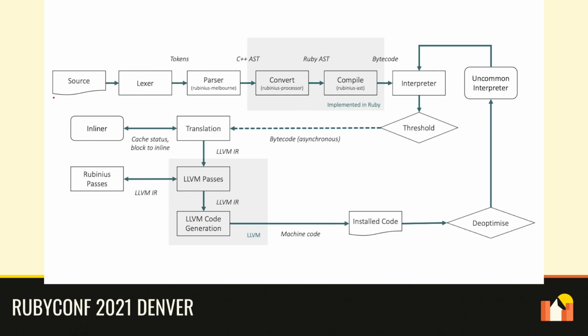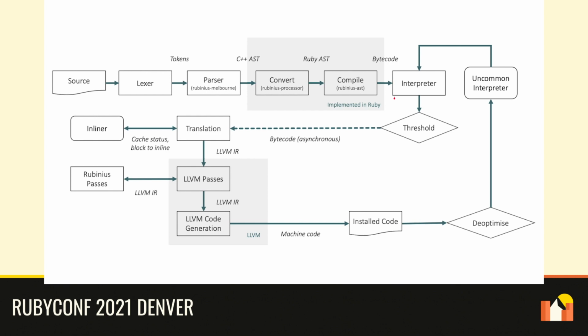So in Rubinius, you have your Ruby source code. That's lexed in the same way, which produces a stream of tokens. That's then parsed, and this uses a sub-project of Rubinius called Rubinius Melbourne. This produces a C++ data structure that is an abstract syntax tree. And that's then converted using another Rubinius library to a Ruby data structure. And that's then compiled, by which we mean it's compiled down to a bytecode. So this gives us a bytecode format like YARV's bytecode.